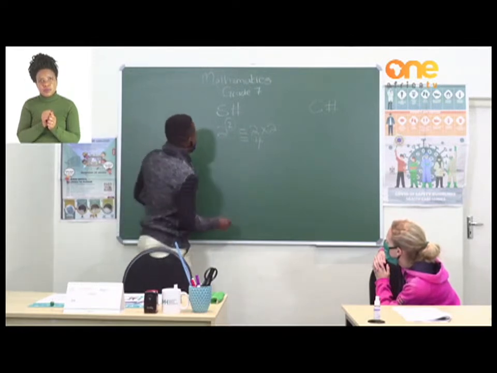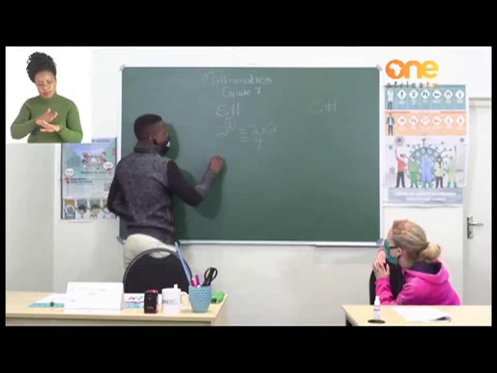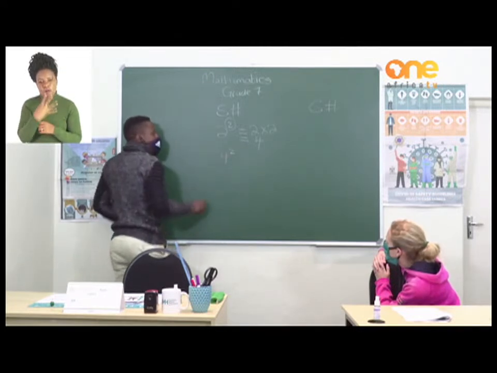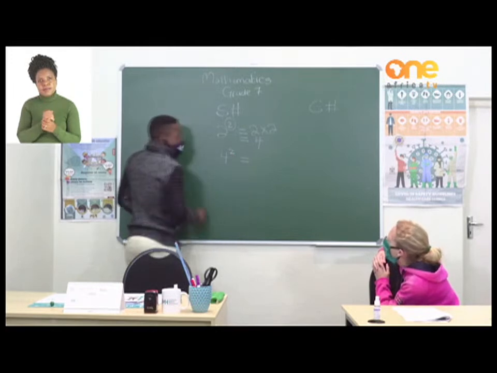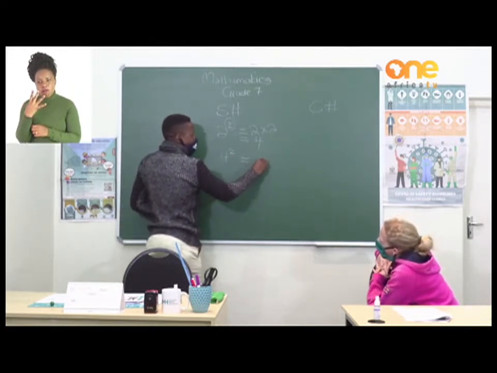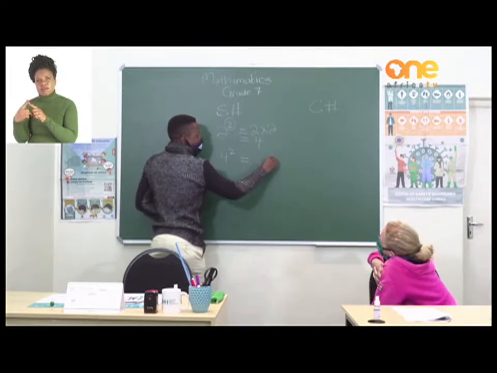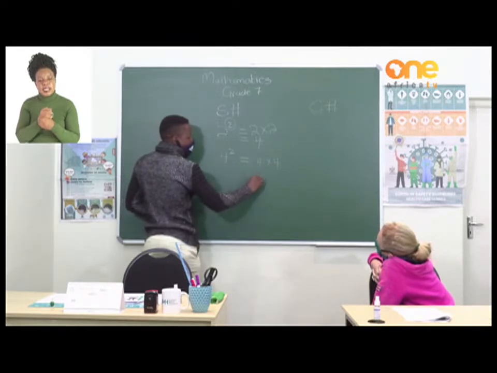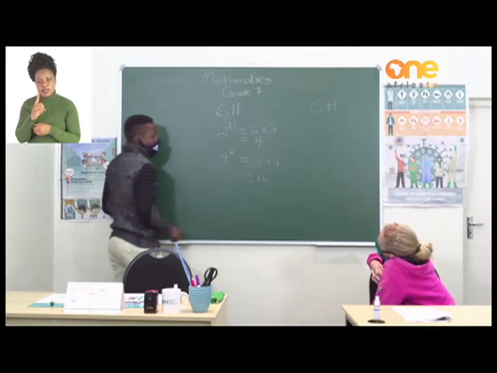I can give another example. For example, we have 4 squared. 4 needs to appear 2 times. So it has to be 4 times 4, and that should give you a 16.